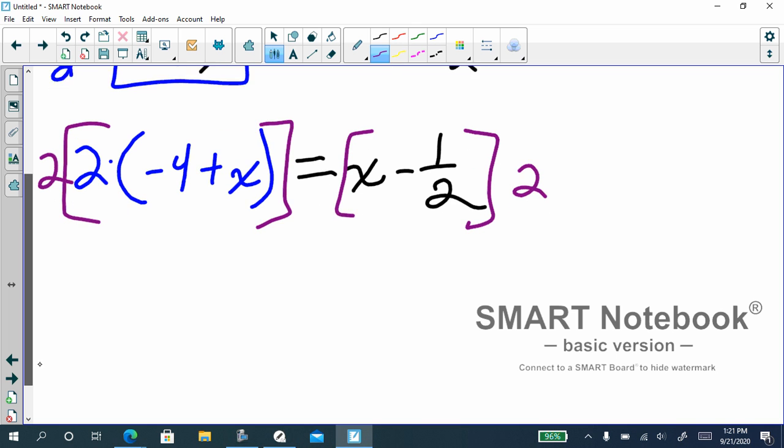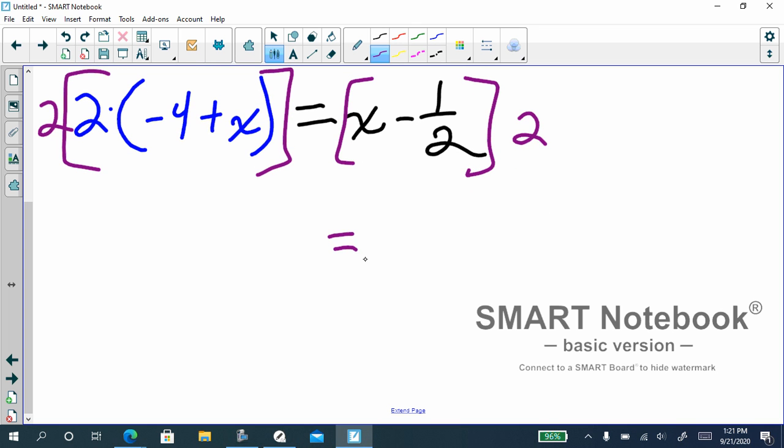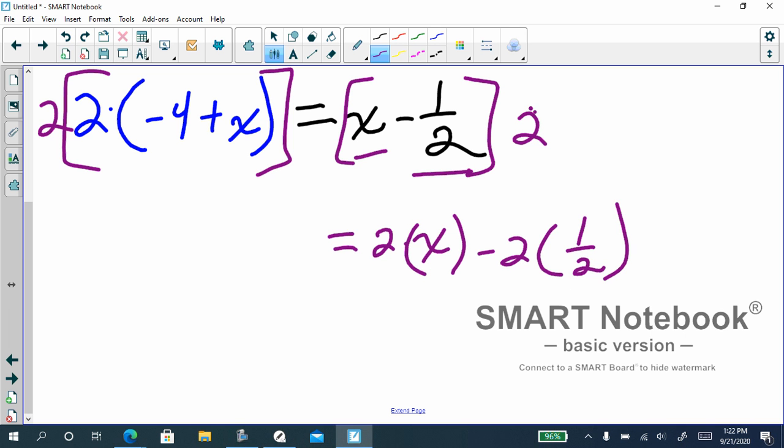So let's do the right side first. We have 2 terms here, so we have to distribute. We do 2 times the first one, and then we do 2 times the second one. So 2 times that one, 2 times that one.